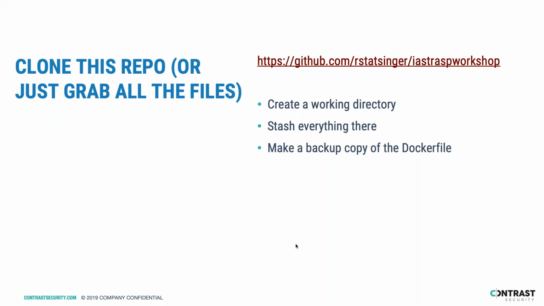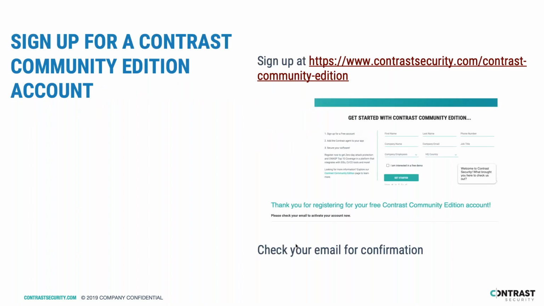I will try to go slowly here, but once you have that repo, clone it, grab the files, and sign up for a community edition account here. This is a free version of the Contrast IAST and RASP solution. It's free for one application. It will get you started. We're going to ask you to fill out a little information.